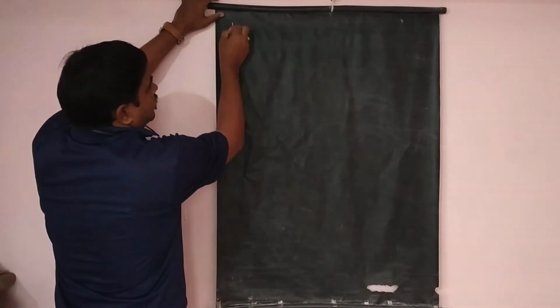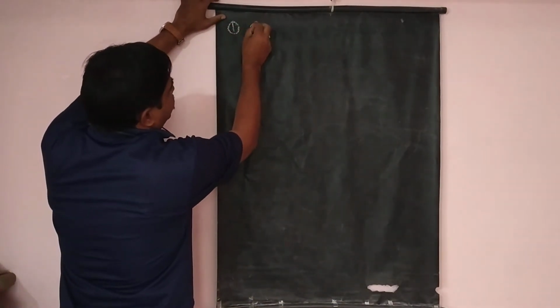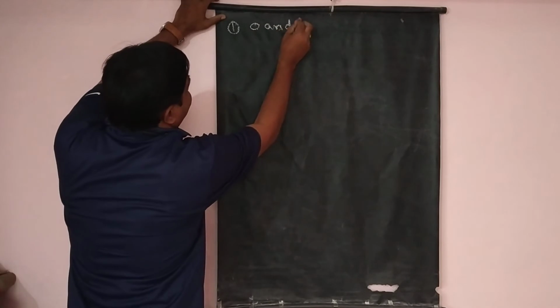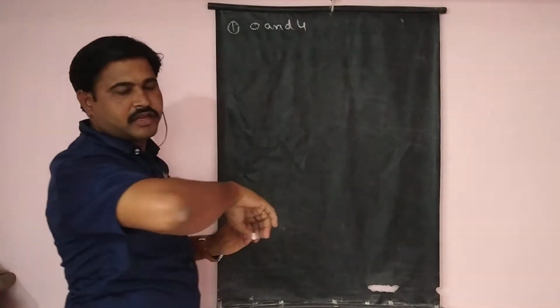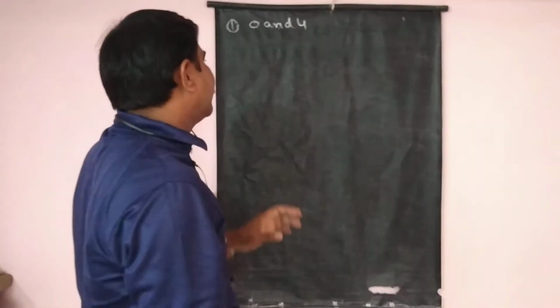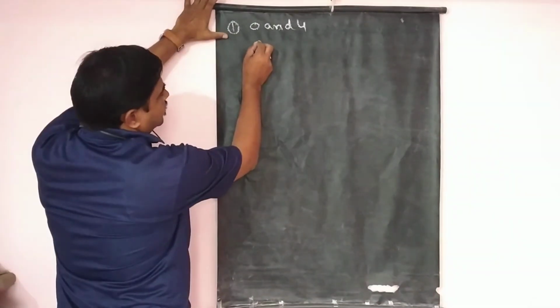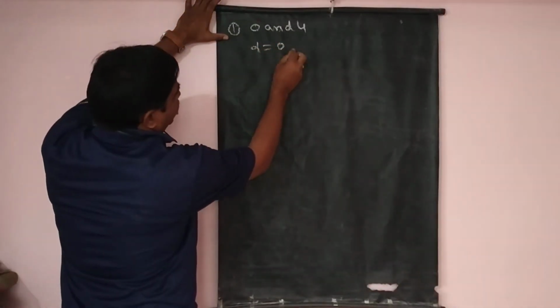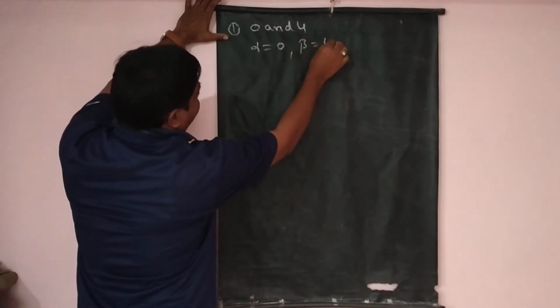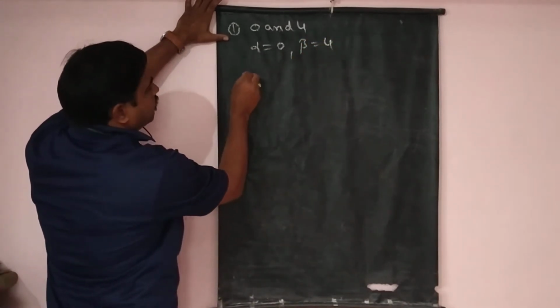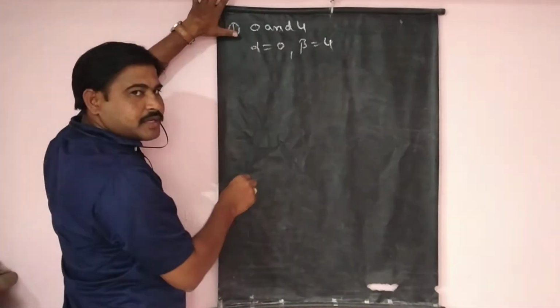For example, roots are given. 0 and 4 are the roots of a quadratic equation. Now form the quadratic equation. These roots are given, form the quadratic equation. Consider alpha is 0, beta is 4. First of all, find the alpha plus beta value.